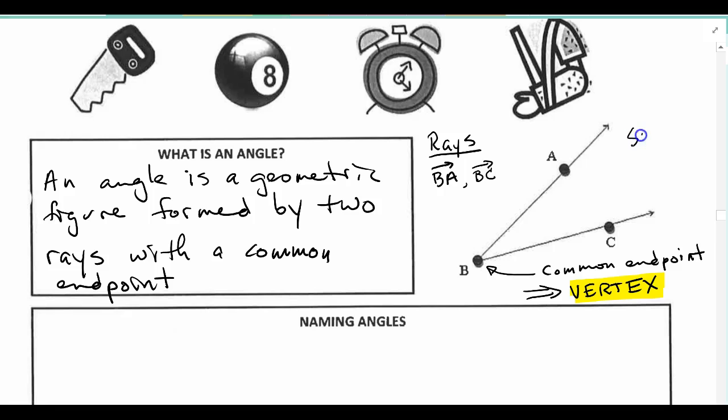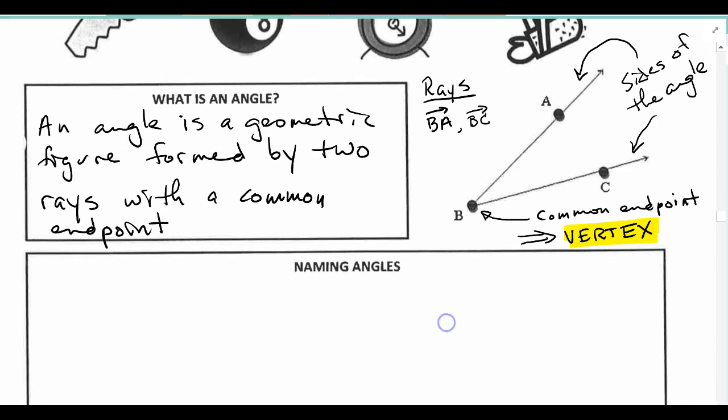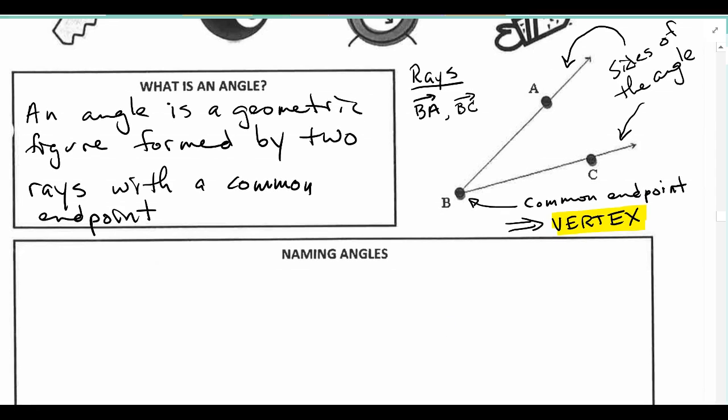Those are called the sides of the angle. So we have one side over here and one side over here. So we've got the vertex, the two sides of the angle. Make sure you know all the parts. Again, vocabulary is very important in this class. We have a lot of vocabulary, so anytime you forget a word, make sure you review it.